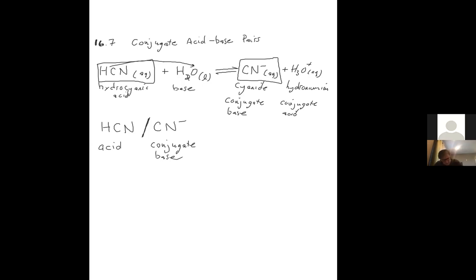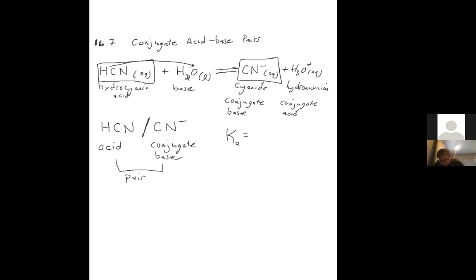Okay, so here's your acid, there's your conjugate base, and this is called a pair. We call them a pair because the two go together, right? They only differ by an H plus. Again, this will be important when we talk about buffers in chapter 17. But let's recall that we can write out an expression for the acid dissociation constant, Ka, right? Products over reactants.